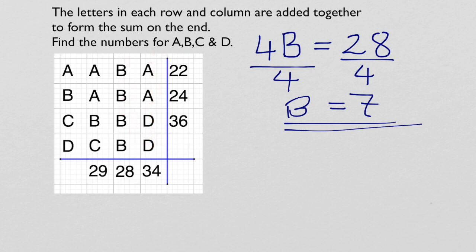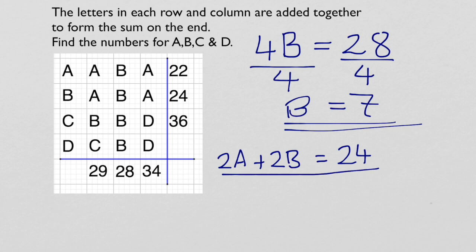So I'm going to use our B that we know already, and we can say 2A plus 2B equals 24. And if you're smart, this is the next thing we need to do, a little trick. We can manipulate the equation to work out what 1A plus 1B equals.